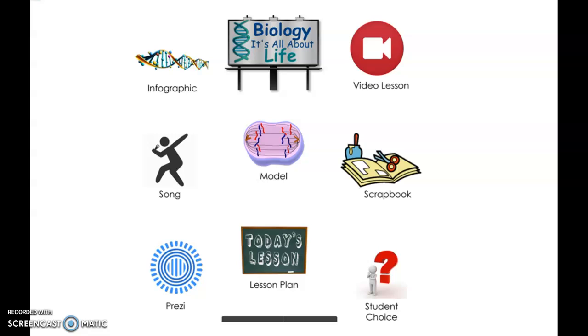So what I want you to do for the rest of today's lesson is follow one of these projects, and I want you to create an example using this to show the difference between mitosis and meiosis. Use that table that we got you to copy down in your books before to help guide your examples.